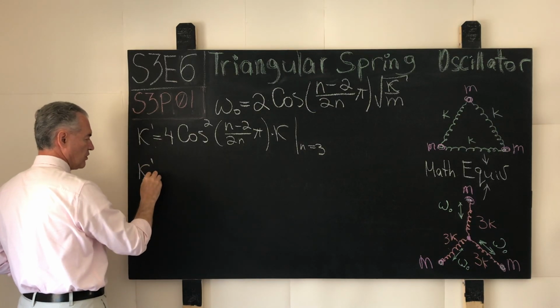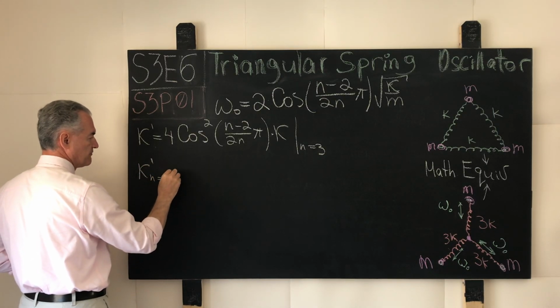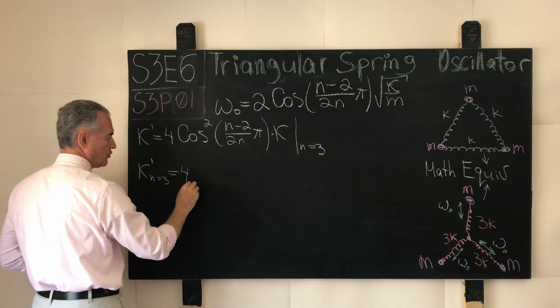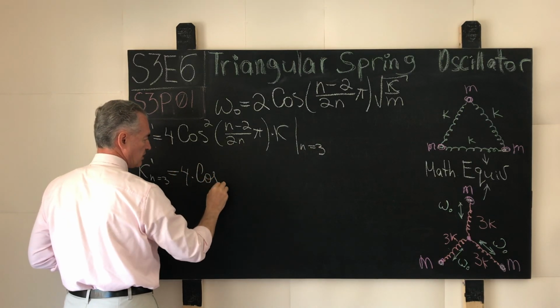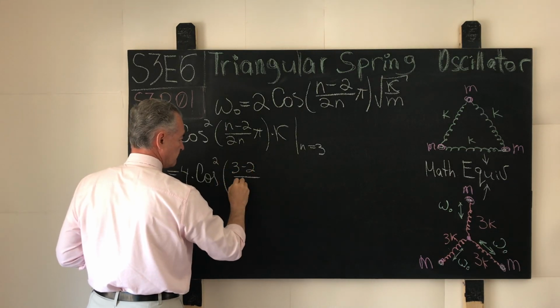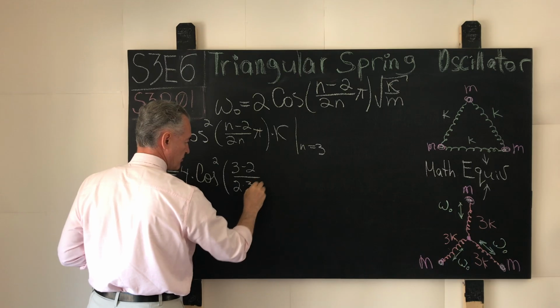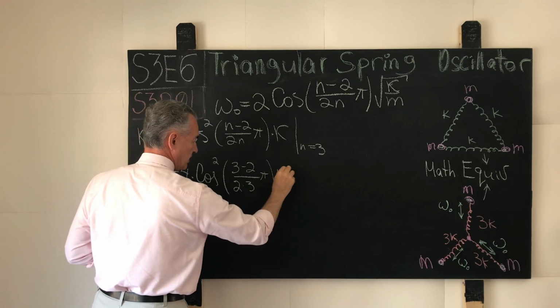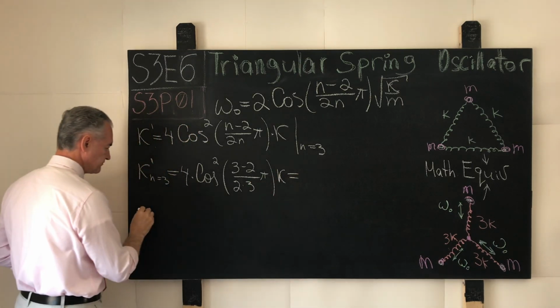K prime, when n is equal to 3, we will have 4 times the cosine squared of (3 minus 2) divided by (2 times 3), scaled by pi, times k. And what is that?